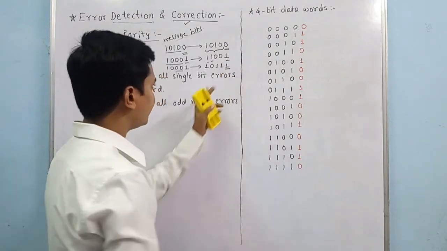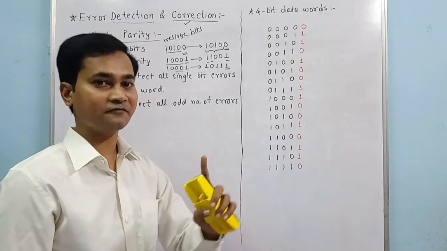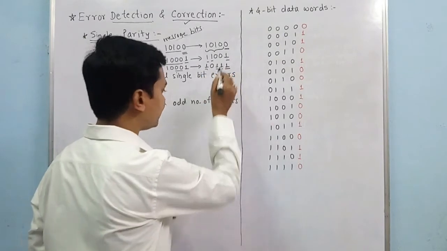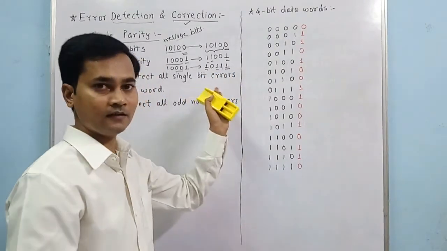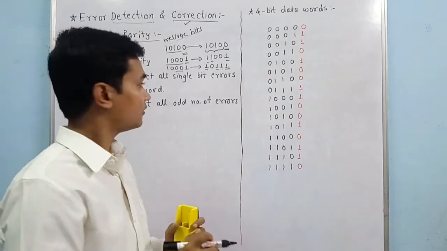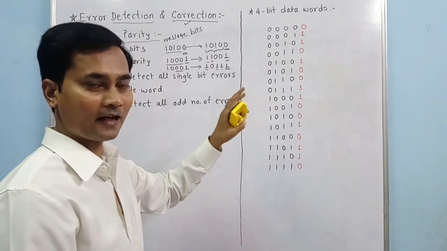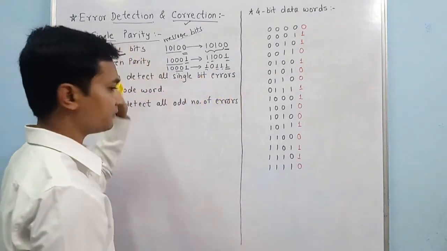In the data bits there must be one logic 1, but here the receiver will find there are 3 ones in the data bits. So the receiver will assume that this data is received correctly, right? So this error detection cannot be done by the receiver.